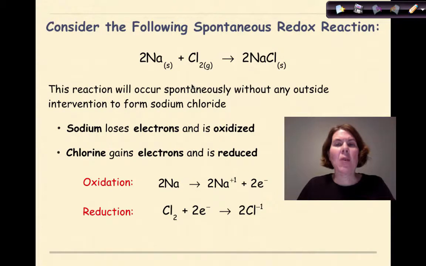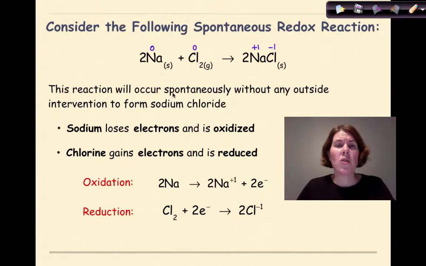So let's look at the following spontaneous redox reaction. Solid sodium plus chlorine gas gives me sodium chloride. Nice and balanced. If I was to assign oxidation numbers to everything here, I'd say that sodium would be 0, that diatomic chlorine would be 0, that sodium as part of a compound would be +1, and chlorine would be -1.